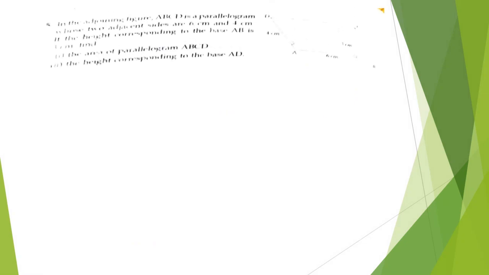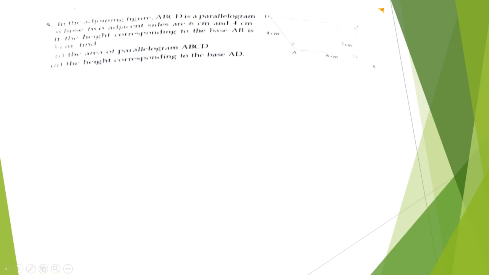Now look at question number 5. In the adjoining figure, ABCD is a parallelogram whose two adjacent sides are given, 6 and 4 centimeter. If the height corresponding to the base AB is given, find the area of the parallelogram ABCD. And the second part is the height corresponding to the base AD.